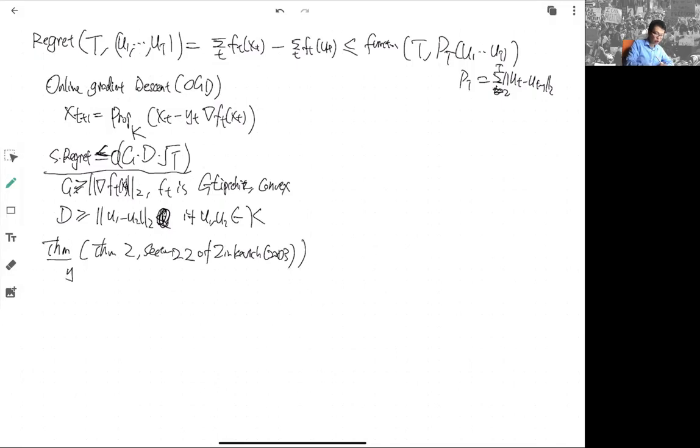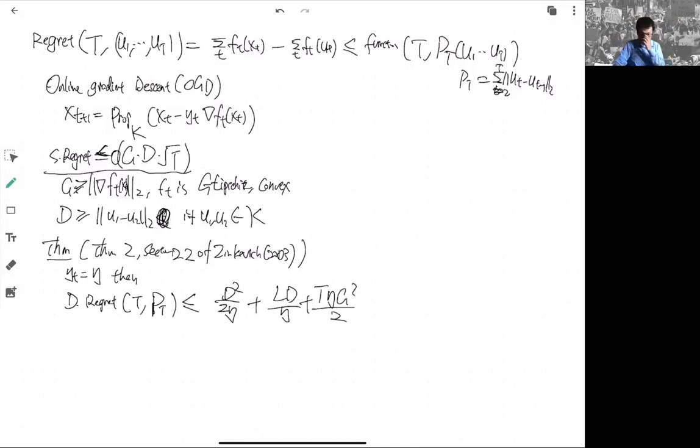It says that if you choose the learning rate to be a constant, then the dynamic regret with respect to any sequence satisfying a path constraint PT is smaller than this bound. And then you can choose this eta appropriately.